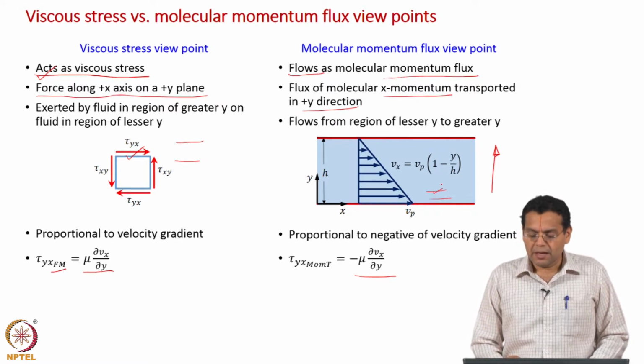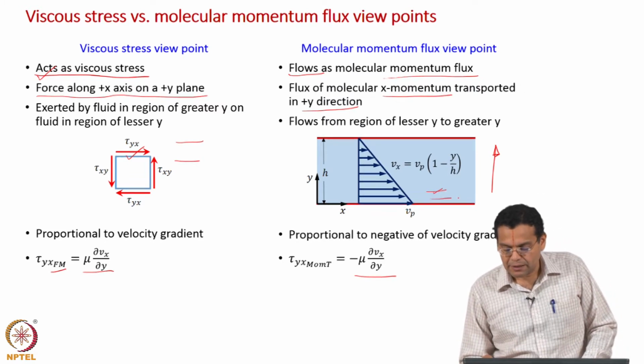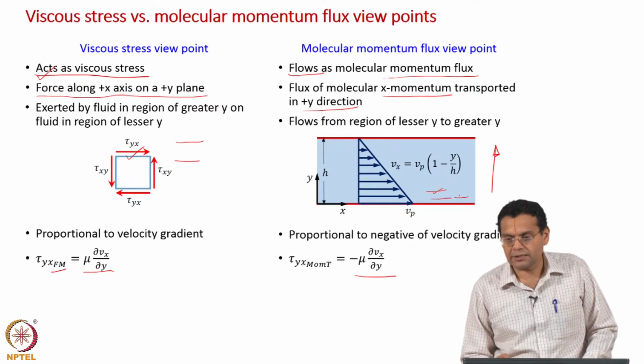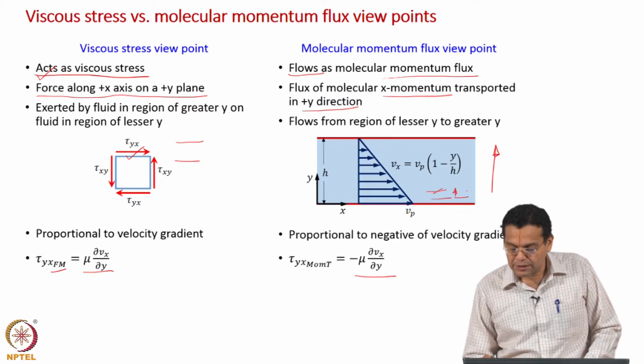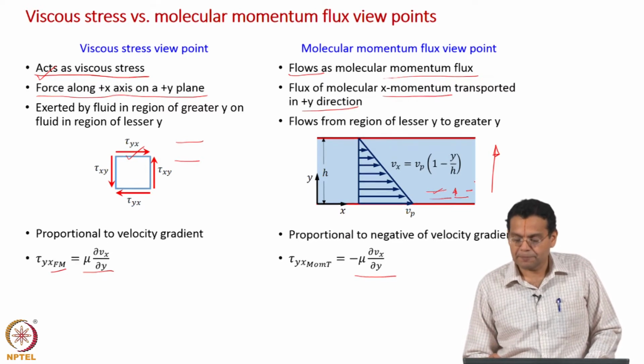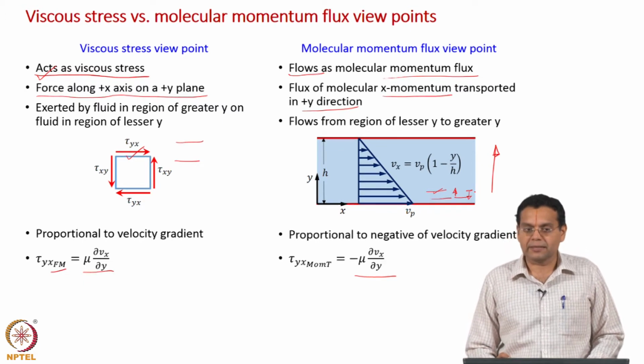The other way of looking at it is that molecules here at a higher velocity, when they reach the upper layer, have to be decelerated because that layer is at a lower velocity. Molecules there are at a lower velocity, and when they come here they need to get accelerated.